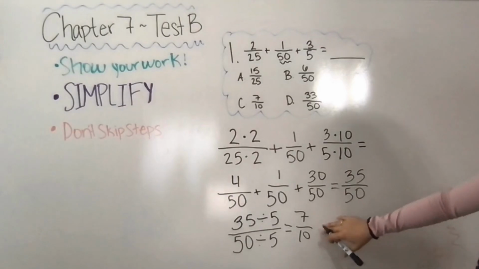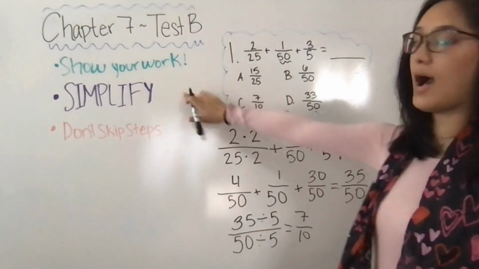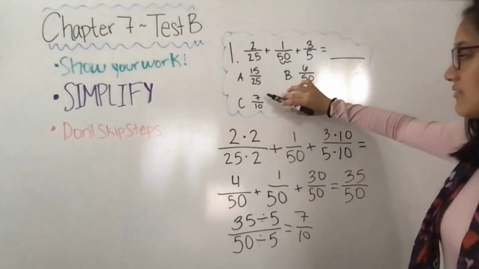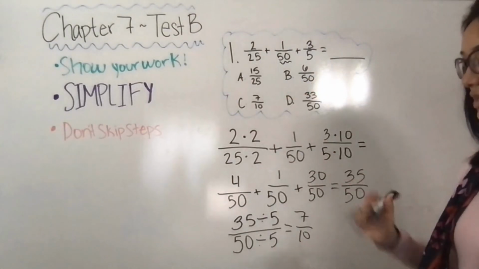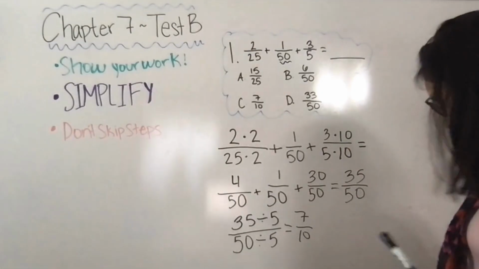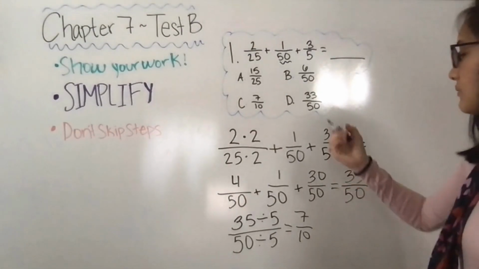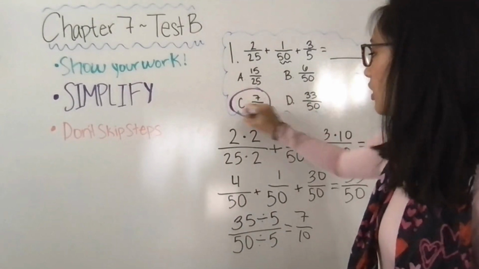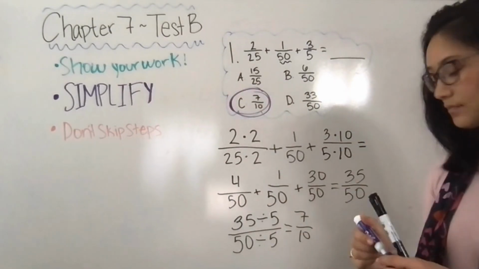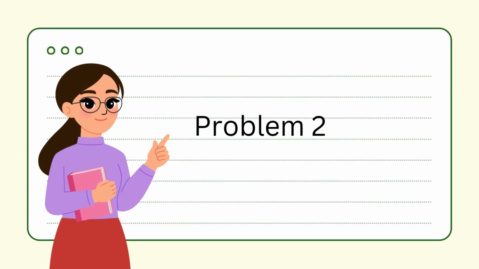And when you get down to it, after you simplify, you can see that 7/10 was one of the answers that you were given. Thus, for this problem, your answer is C, 7/10.